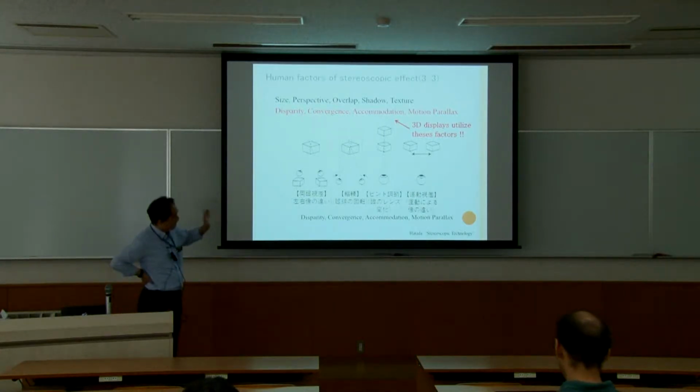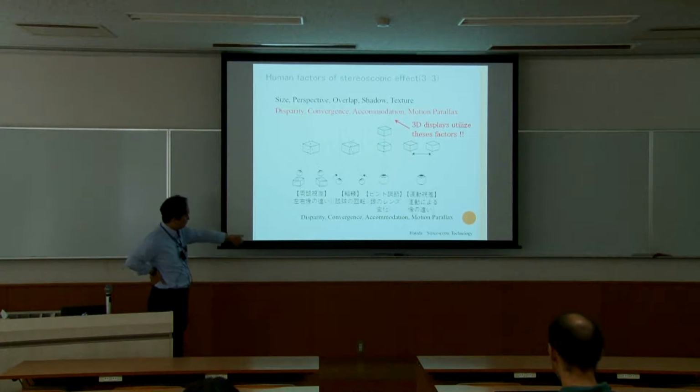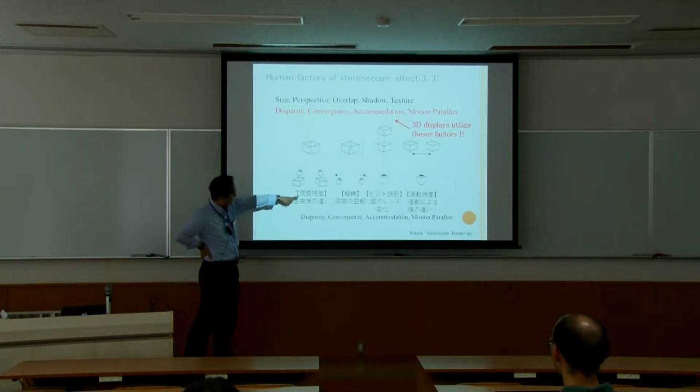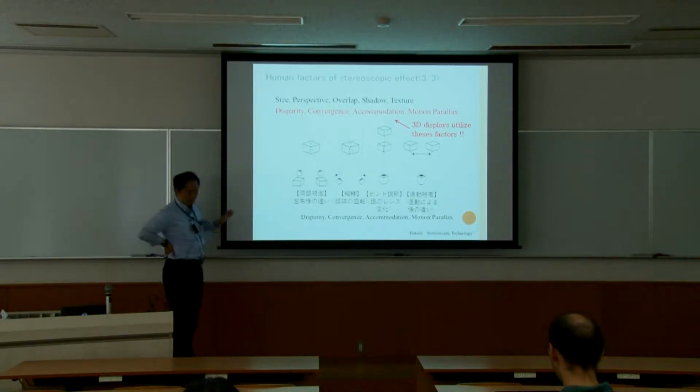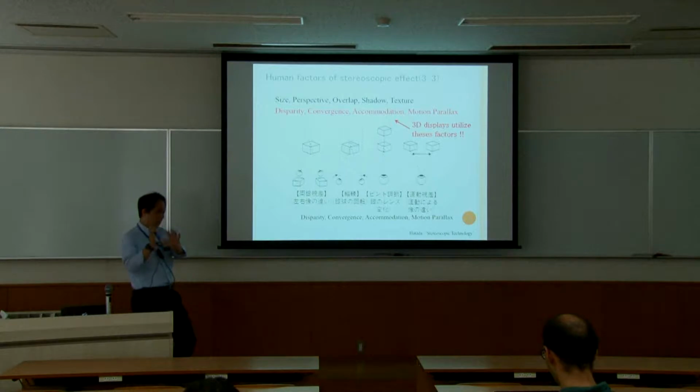There are 4 factors which a three-dimensional display can provide. First is disparity. In Japanese, this is ryogan shisa. Disparity is the difference between the left eye image and the right eye image.